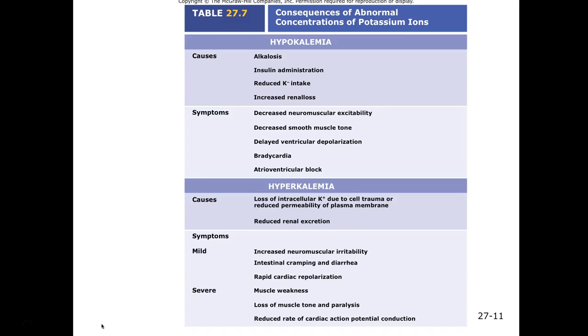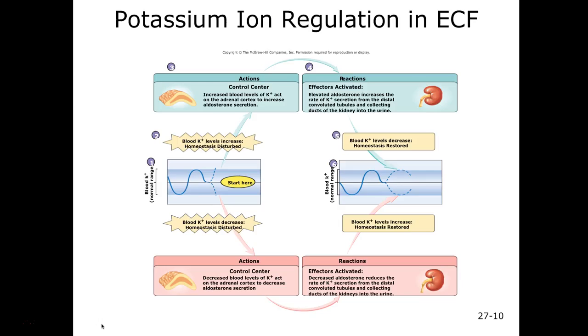I have this chart here, but what I'm going to do is kind of incorporate it into this regulation within our extracellular fluid. So we see that our blood potassium is at its normal range, and then let's go with increase first. Homeostasis is disrupted, and we have too much potassium within our blood. What do we need to do to get rid of it? We call upon our adrenal cortex to secrete aldosterone.